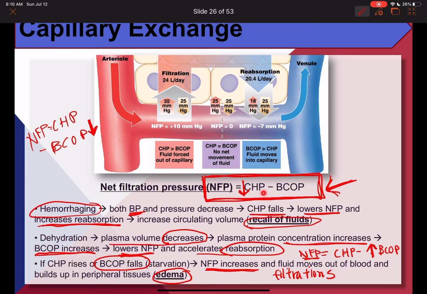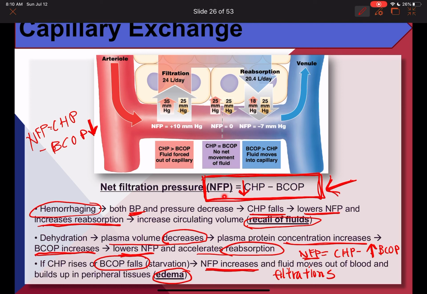Now, if CHP increases or BCOP decreases, those will cause a positive or larger number for NFP, and that will lead to filtration of fluids from your blood into your tissues.